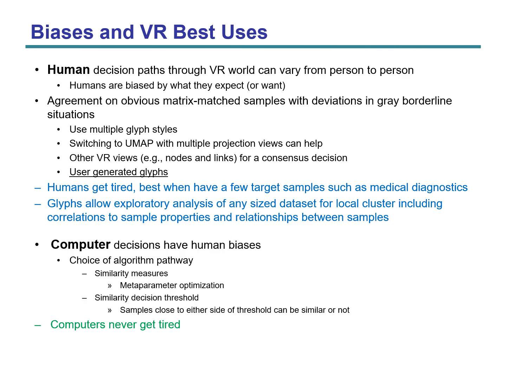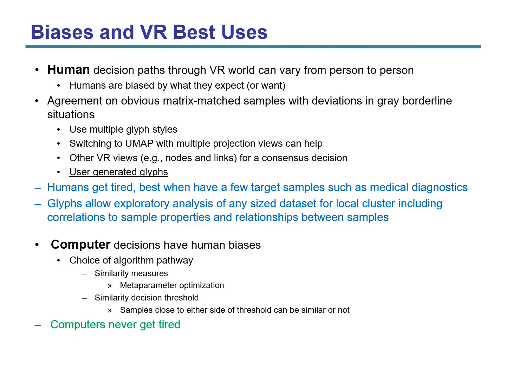Humans do get tired. You can't do 100 samples in a row, so VR is best when we only have a few target samples. The glyphs do allow exploratory data analysis, and that's a really powerful use of virtual reality. It allows you to correlate the sample properties, your local clusters, as well as the relationships between samples within a local cluster, as well as between local clusters.